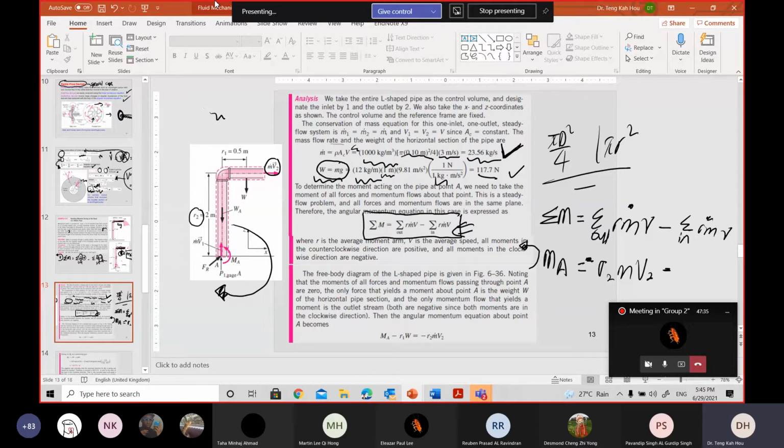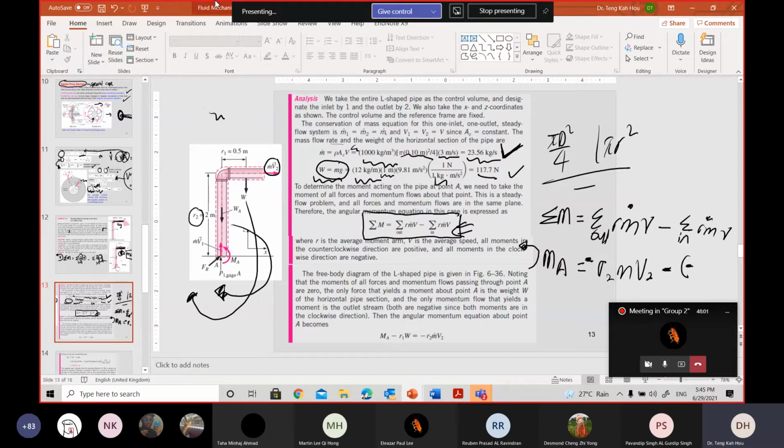And you know that the formula is minus. Put a bracket. My rMV1, I don't have anything, no value to input, right? But I have the contribution of the weight, where the weight is also in the negative direction, because you already assume this MA is in the positive direction.